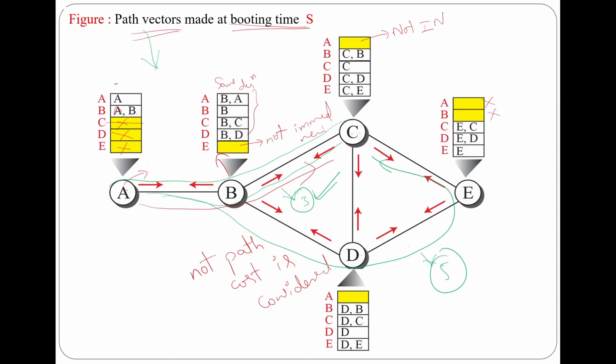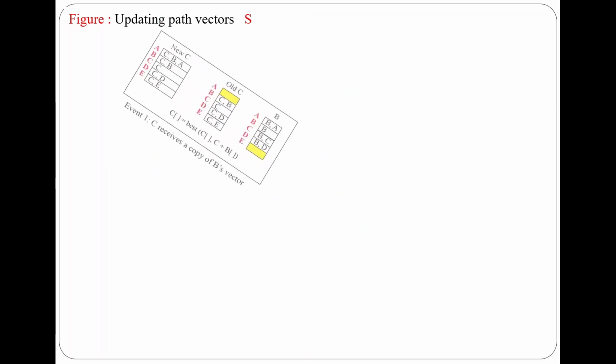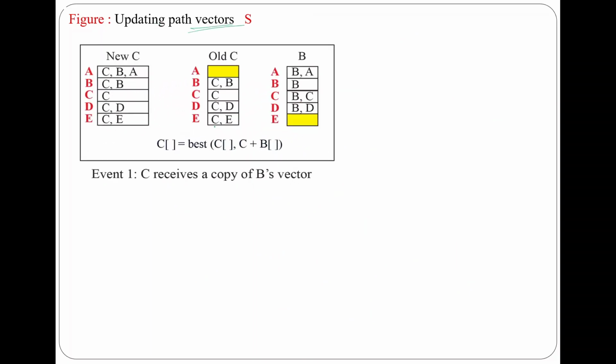Even though E is not an immediate neighbor of A, E is the immediate neighbor of C, and C is the immediate neighbor of B. Ultimately the empty entries will be filled after every update. So this is called updating the path vector.